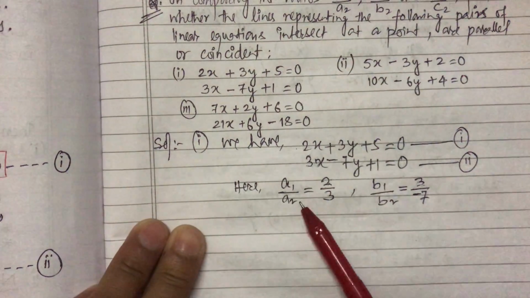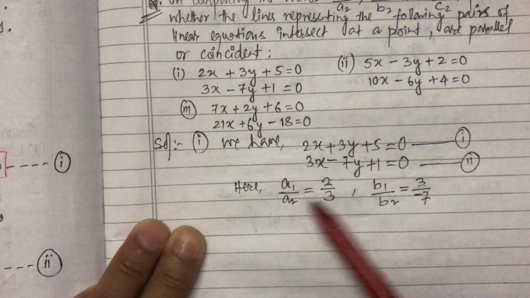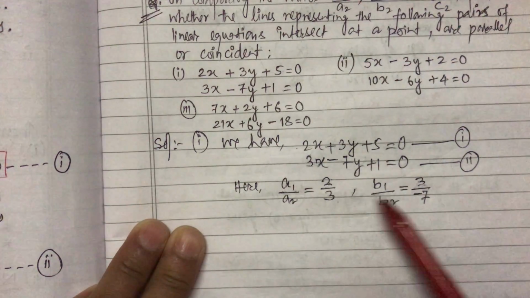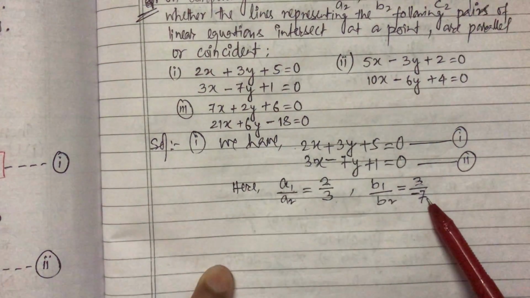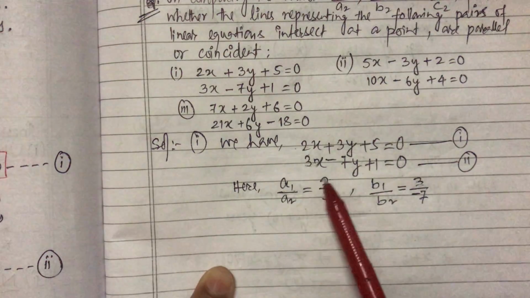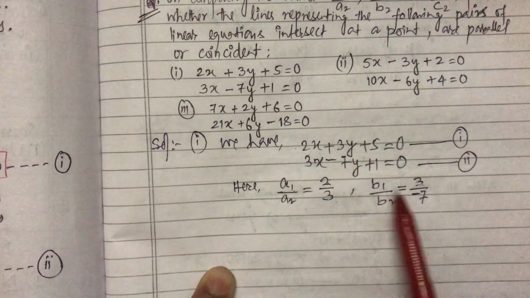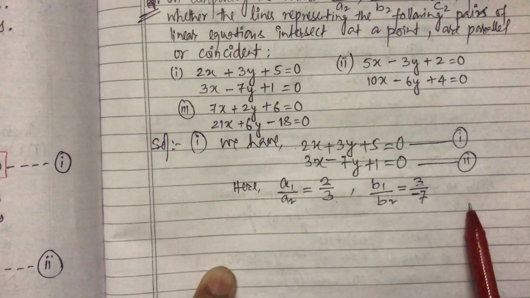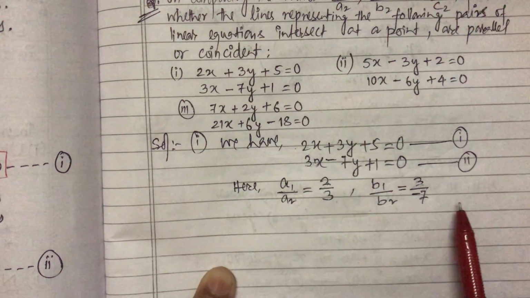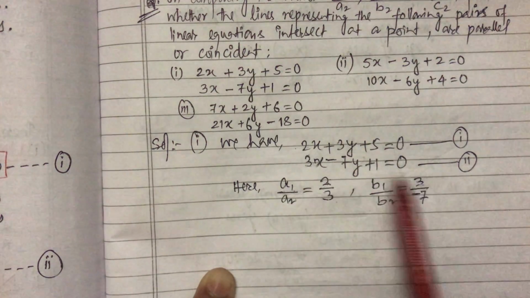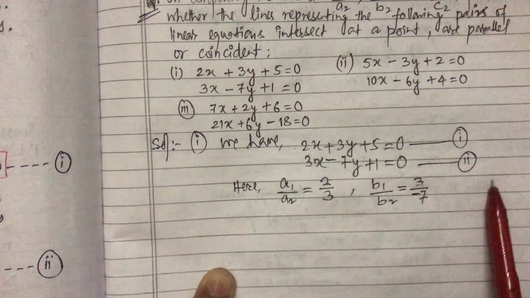Now if you compare the a ratio and the b ratio, what do we find? a1 by a2 is 2 by 3, and b1 by b2 is 3 by minus 7. Do you think these two ratios are the same? No, they are not the same. If they are not the same, you don't need to find c1 by c2. Only when a1 by a2 and b1 by b2 are found to be equal should you go for c1 by c2.